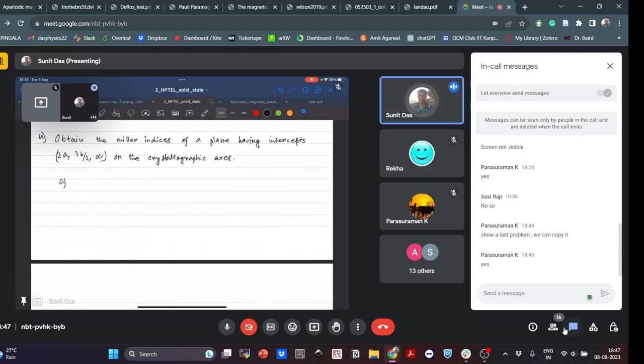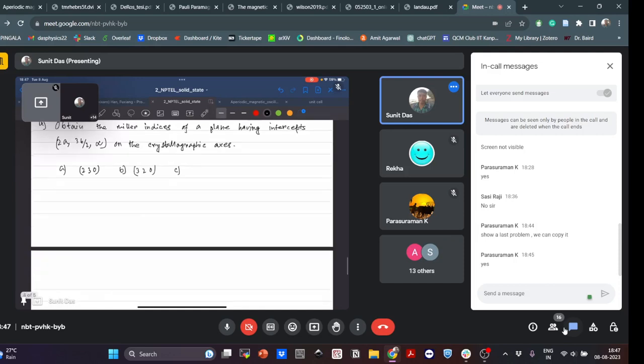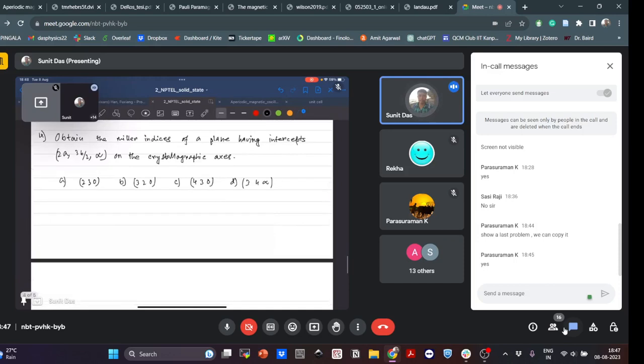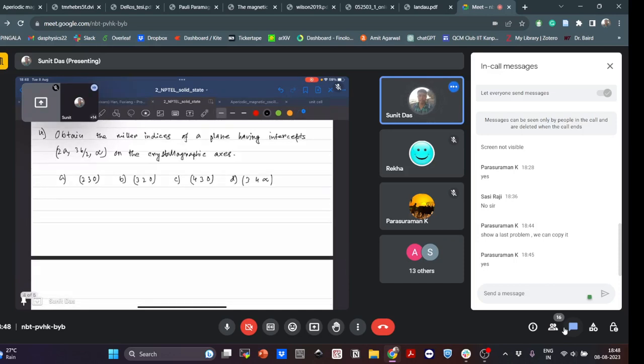So the options are... Find the Miller indices where the plane intersects at these points of a crystalline axis.